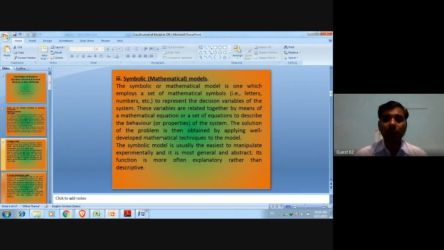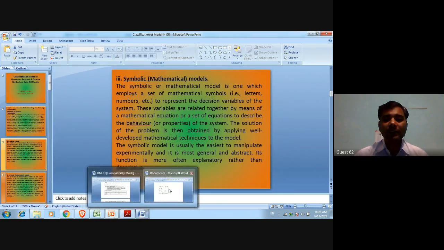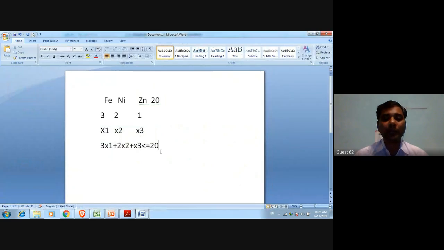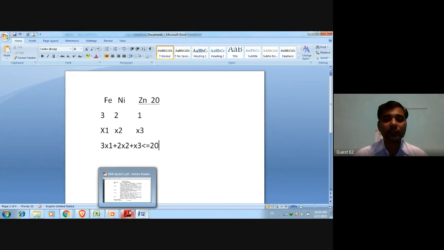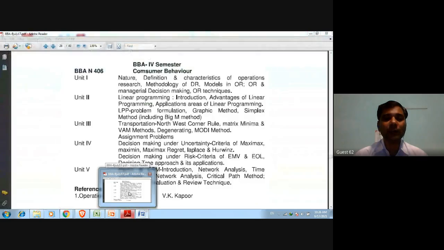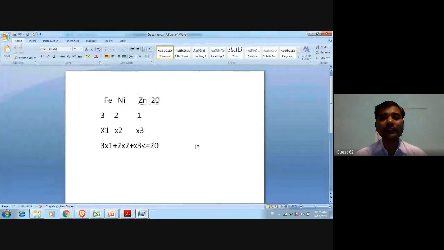Now, the symbolic model is usually the easiest to manipulate experimentally, and it is the most general and abstract. Here, all the things that are given, you have to interpret them. You have to interpret these decision variables, because you have assumed what x1, x2 and x3 are, and after you get the values of these decision variables, you will explain how you found them and what they represent.